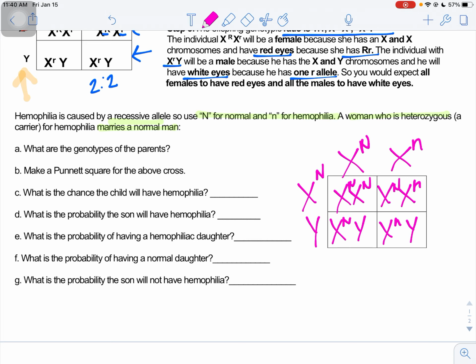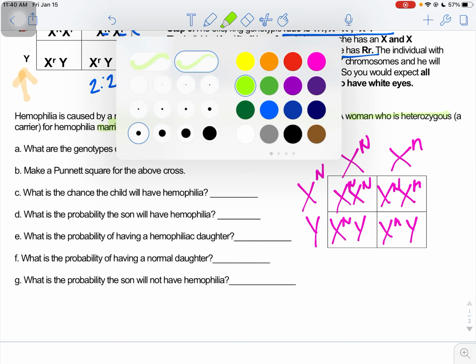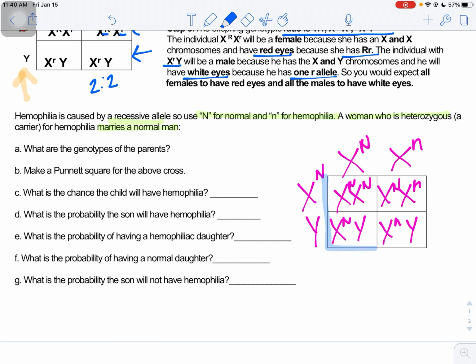Okay? So question C says, what is the chance the child will have hemophilia? So we need to go back and look at our offspring. Remember, now we're looking at the offspring, so we're looking at what is just in this box here. In order for that child to have hemophilia, they must have the recessive trait.